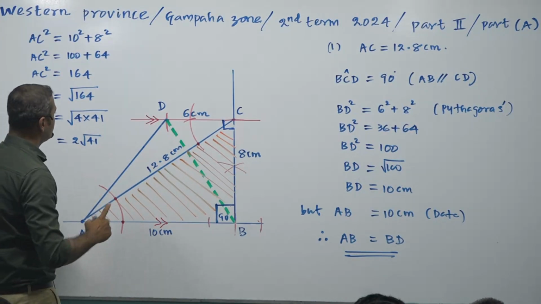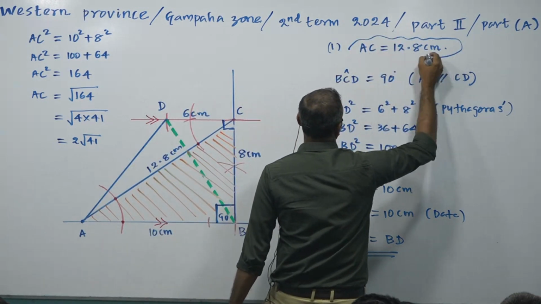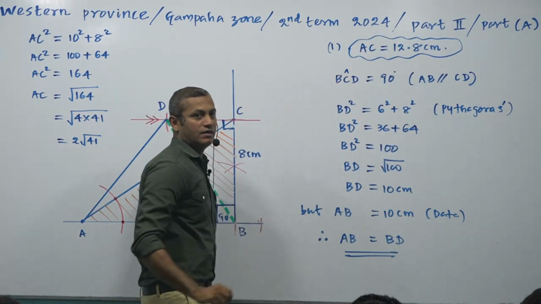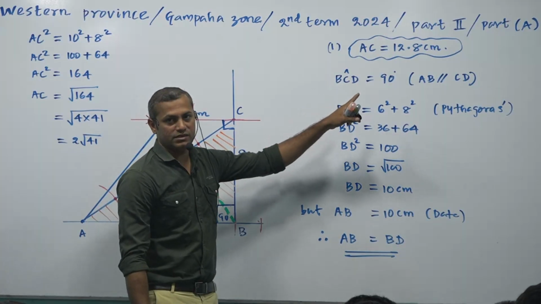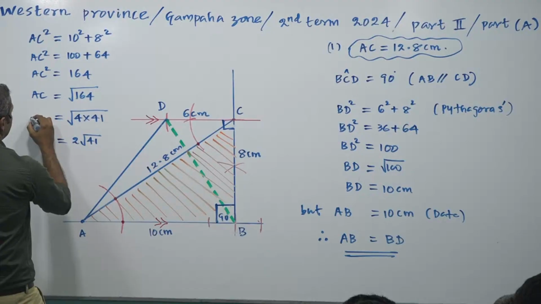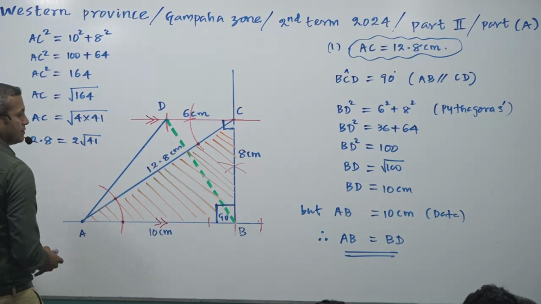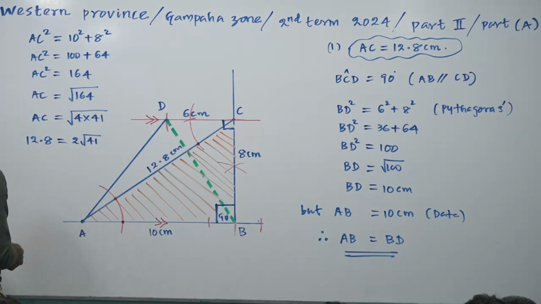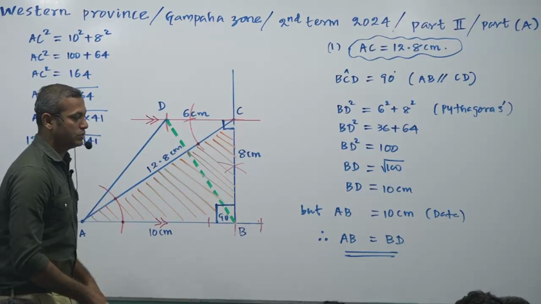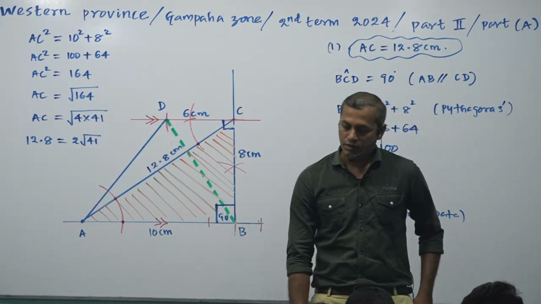But from the first part, we know the answer for AC. We are going to use that answer. Substitute that answer. Then you will get how much? Yes, 12.8. Now divide both sides by 2, you will get the answer for square root 41.